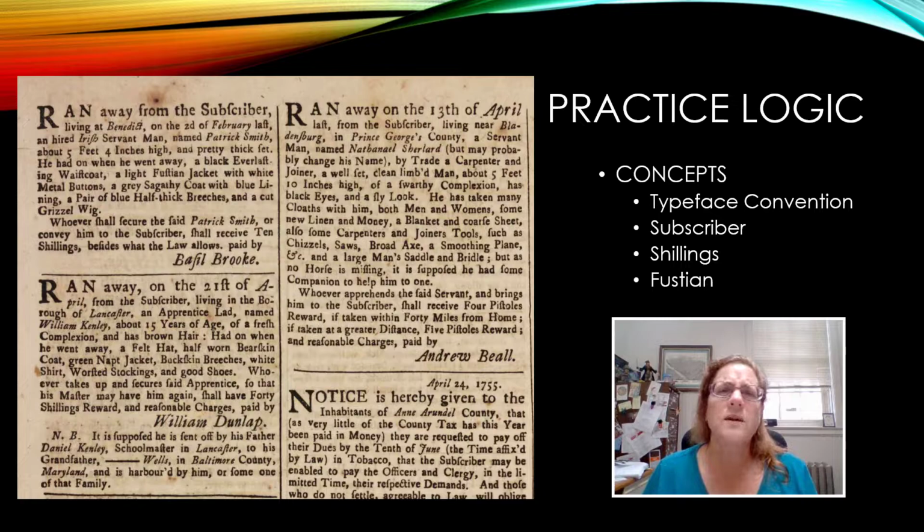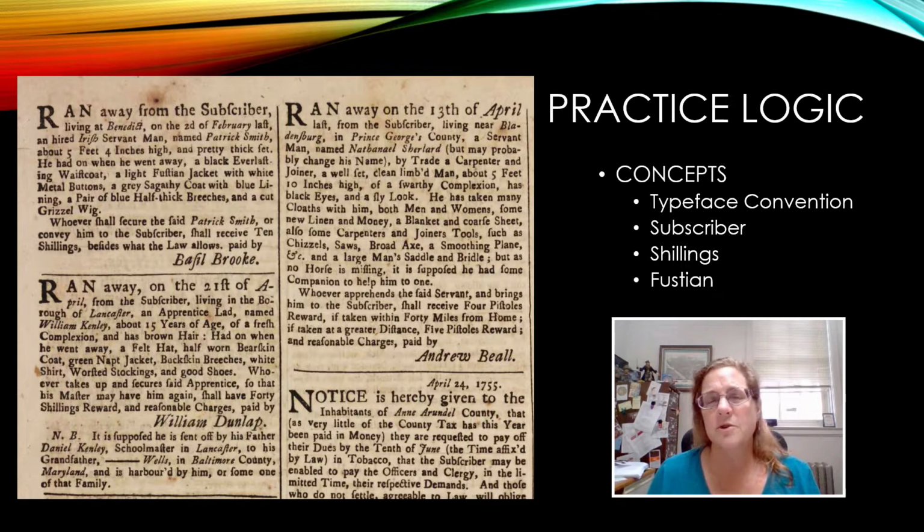There are lots of things that you can put down as a concept. Conceivably, you could put down every single word in the document and say, oh, if you don't understand this, you're not going to understand the document. But think about what are really the key concepts. You might be able to read this document and get the gist of it, even if you don't know what fustian is.